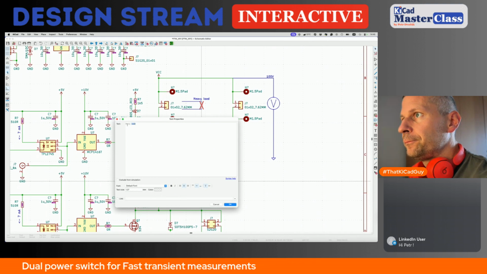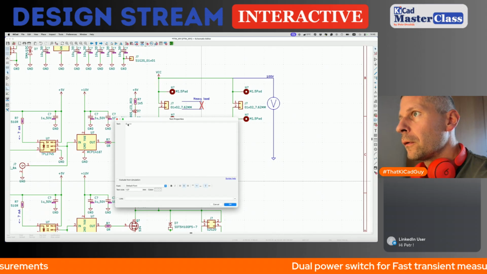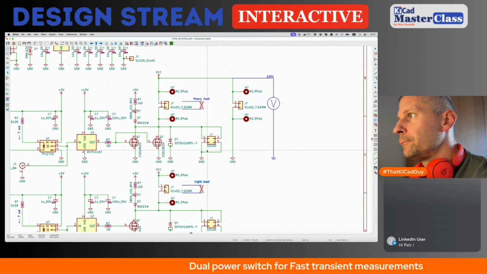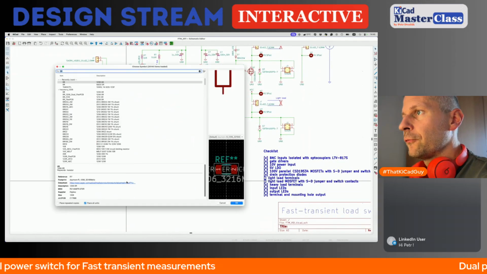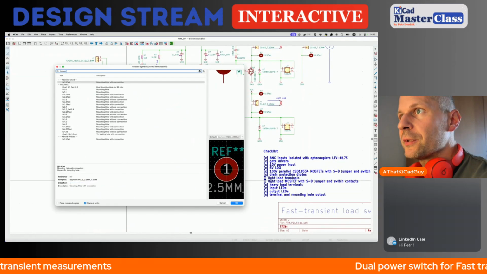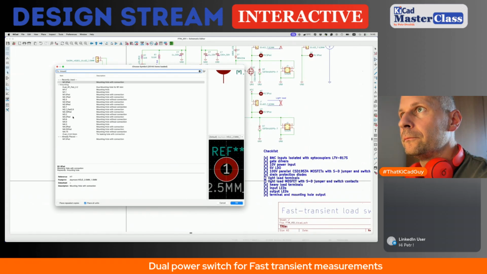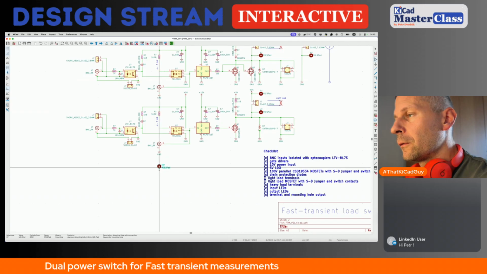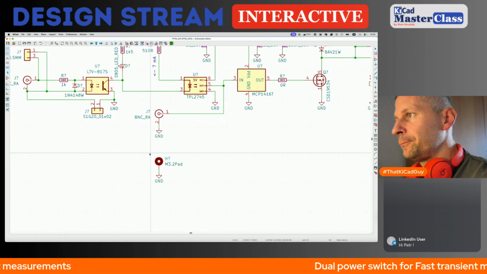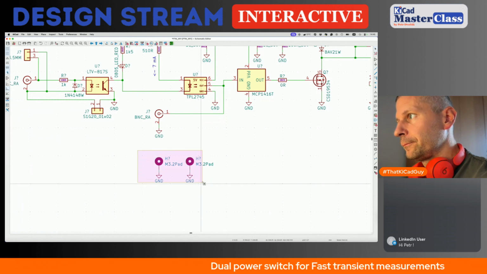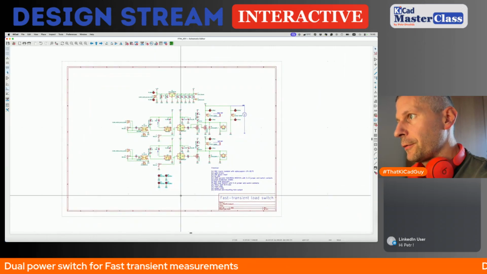This is light load. Okay, and we need 4 mounting holes for the PCB. I will use the mounting holes with pads, 4 of them, in the corner of the PCB.